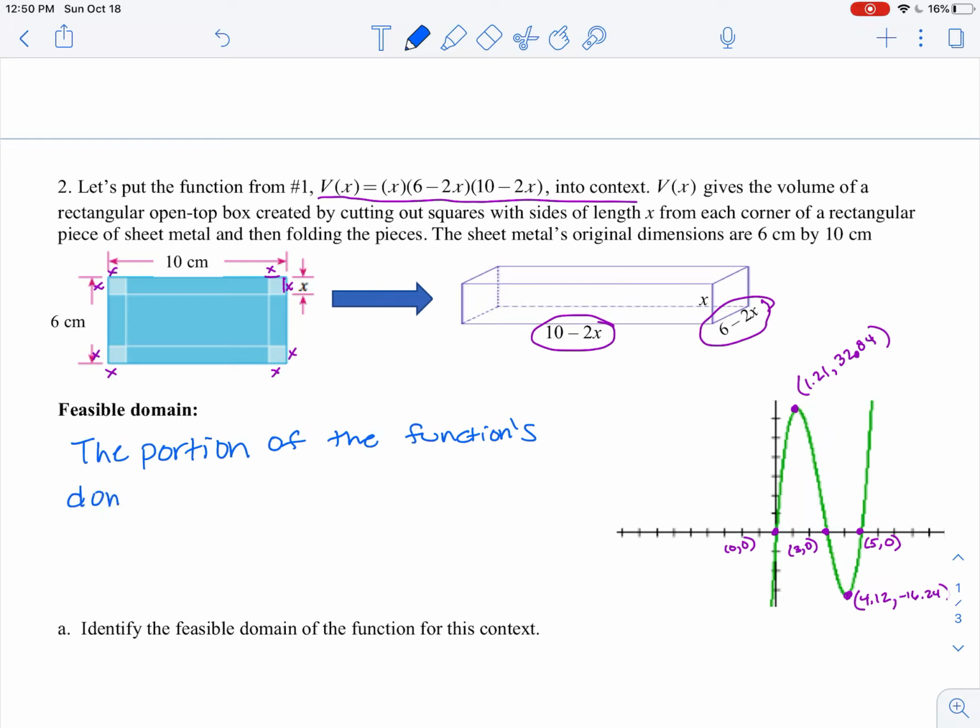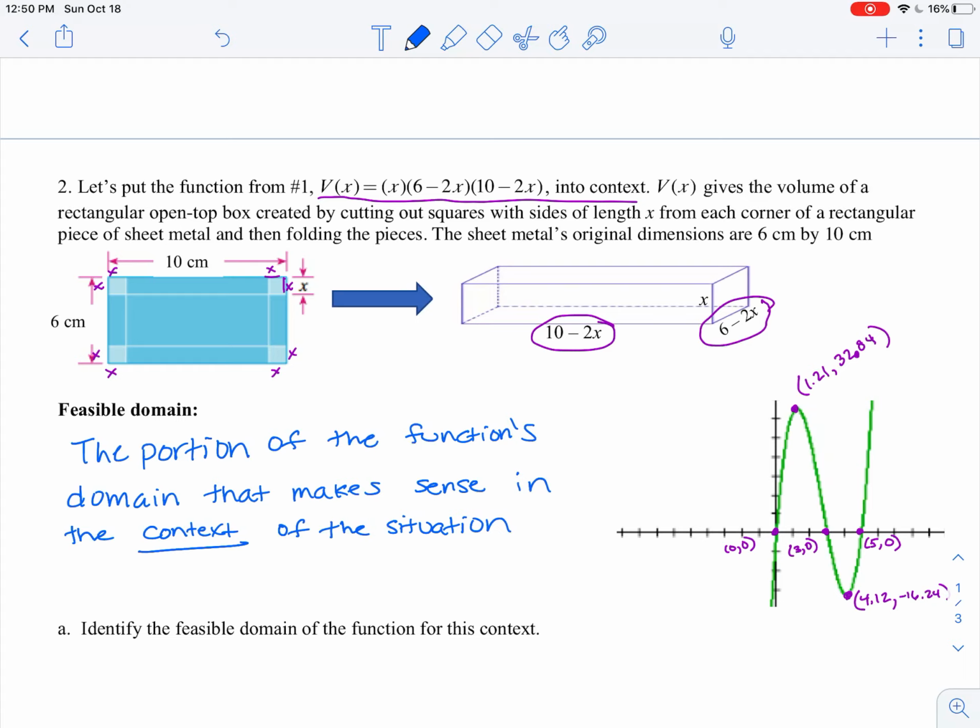It's specifically the portion of the function's domain that makes sense when you think about the context of the situation. So now, even though situation, I can't spell, sorry, situation.